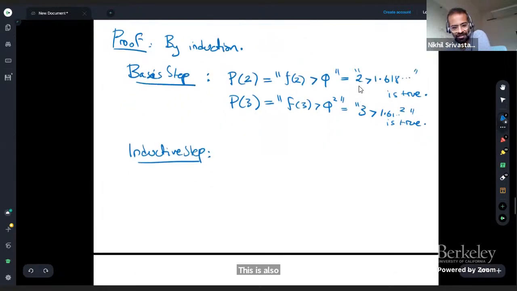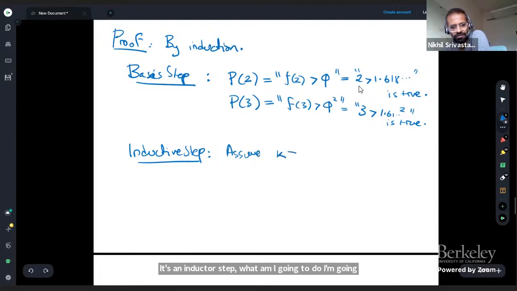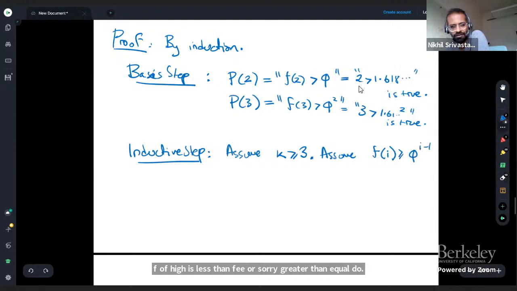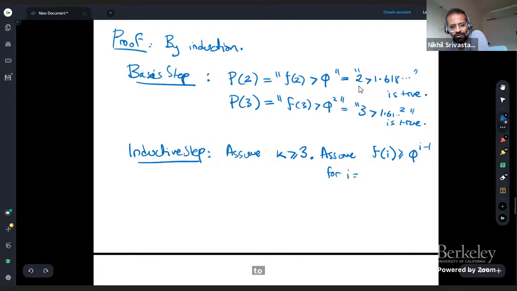So now in the inductive step, what am I going to do? I'm going to assume k is some integer bigger than 3. And now I'm going to assume that f of i is greater than or equal to phi to the i minus 1 for i going from 3, 4, all the way up to k.